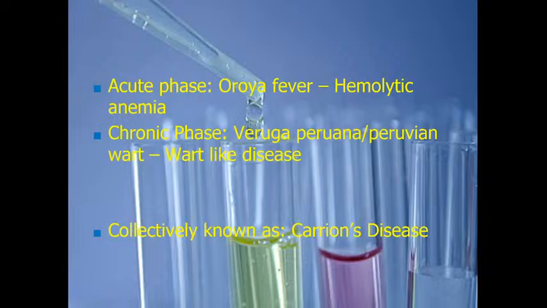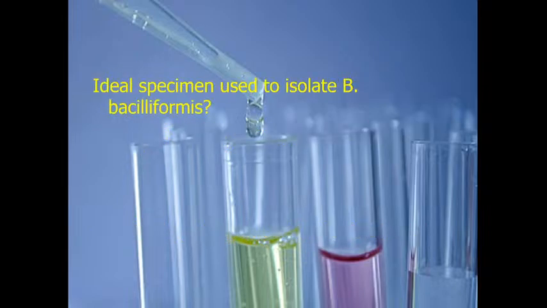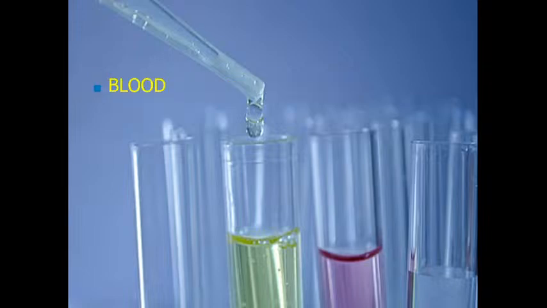If you combine everything, it's known as Carrion's disease. Now, the ideal specimen for the isolation of Bartonella bacilliformis is blood.